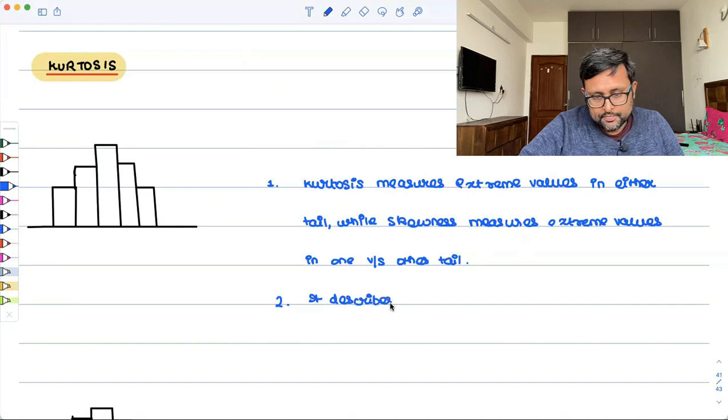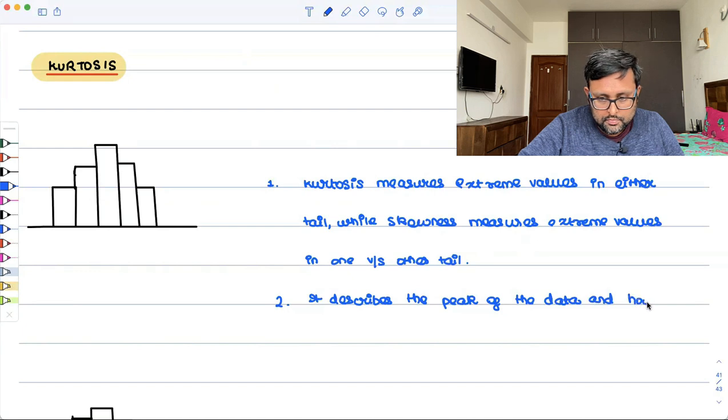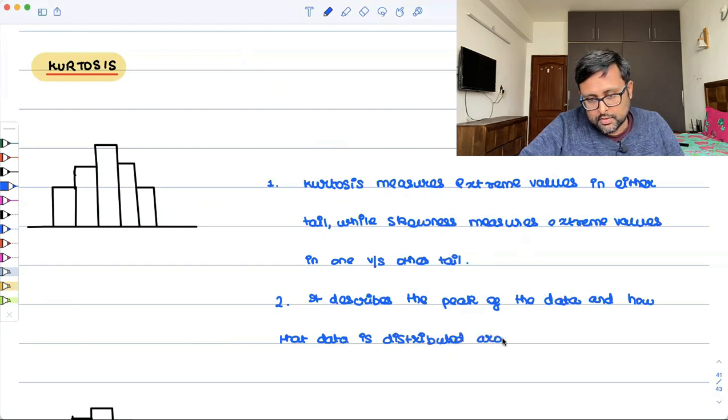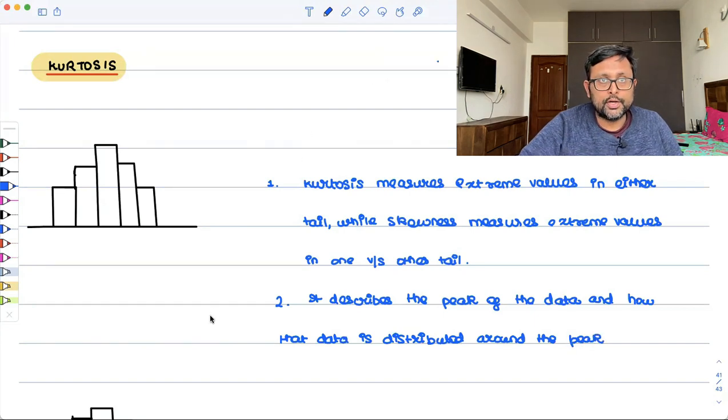It describes the peak of the data and how that data is distributed around the peak.